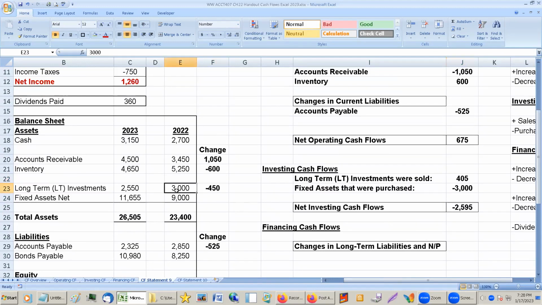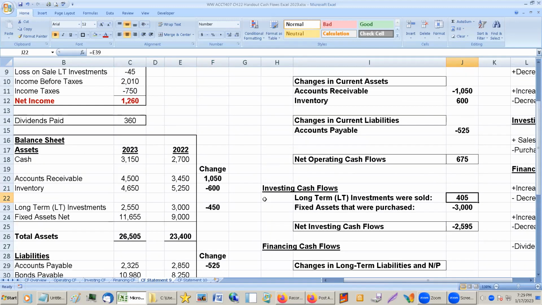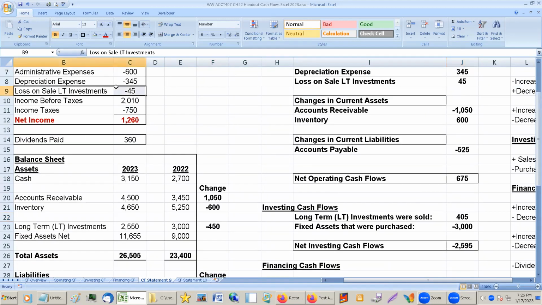The account went down by 450, but we're only showing cash of 405. There's a loss of 45. Yep, right here. Very good. They lost the 450 of the value of these long-term investments on the books, but they sold them for a loss, so they only got $405 from it because they lost 45.